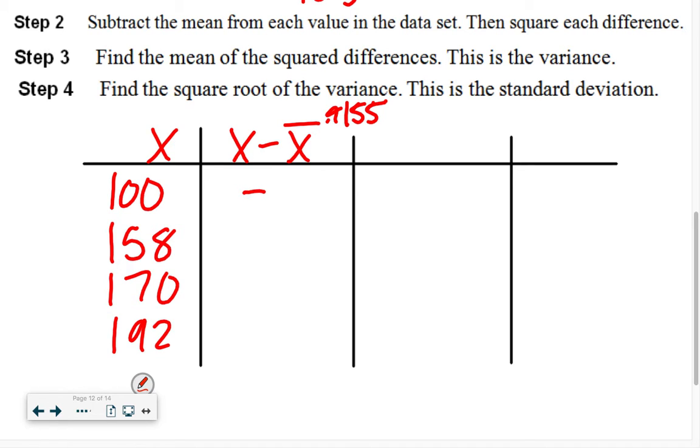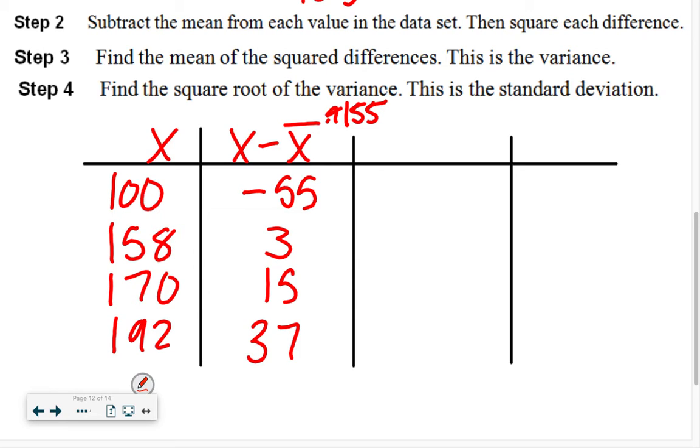Negative 55. What about 158 minus 155? 3. 170 minus 155? 15. And the last one, 192? 37. Are we okay through there?